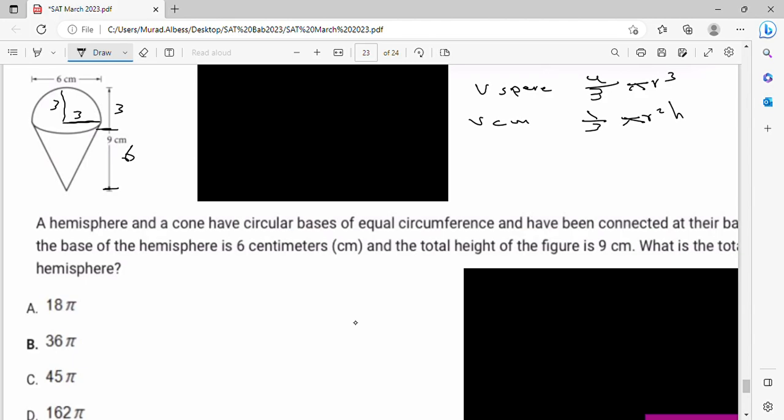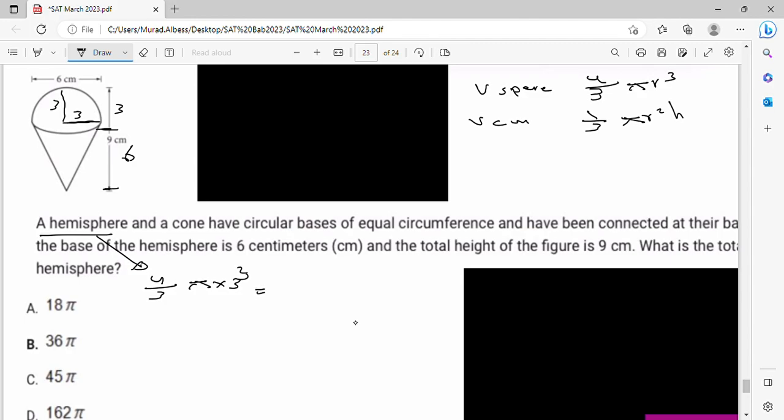Let me calculate. For the hemisphere, we start with 4 over 3 times pi times 3 cubed.